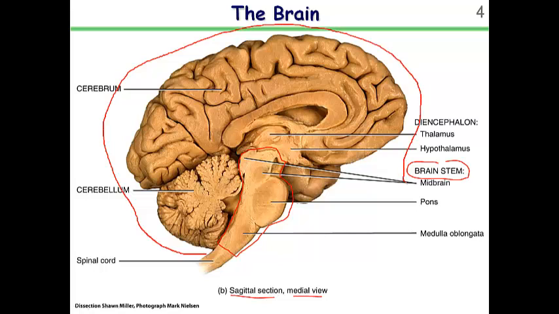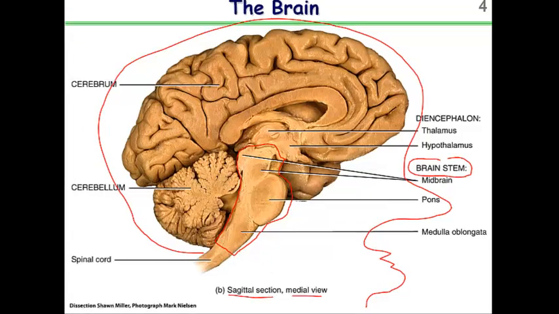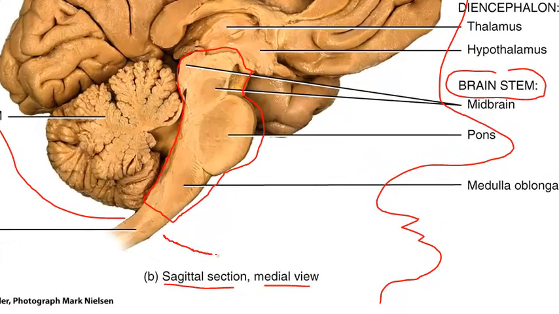You can almost imagine that there would be a nose and a really goofy looking chin. So point being, anything below the foramen magnum would be spinal cord, above would be brainstem.